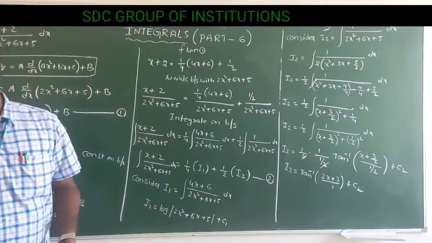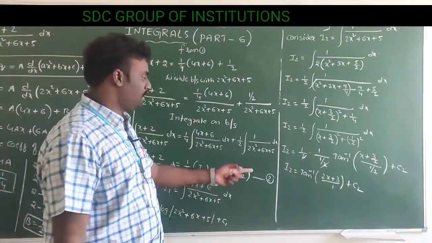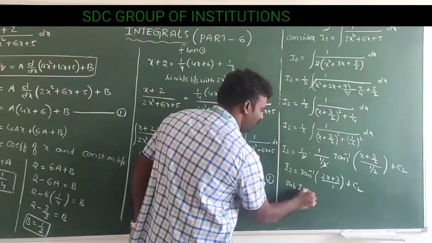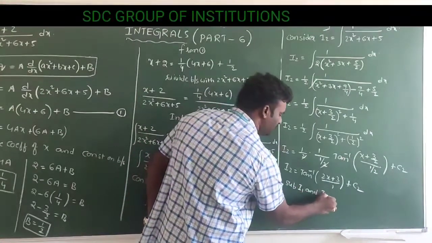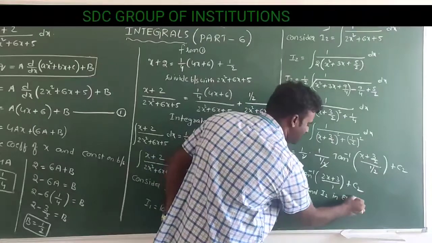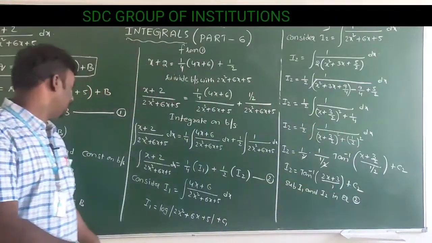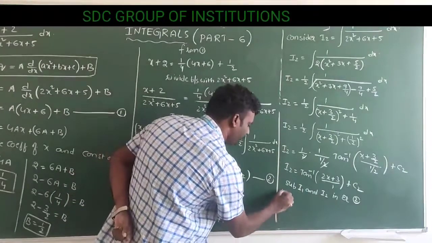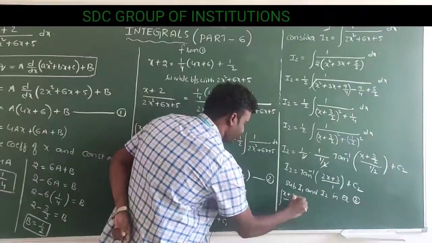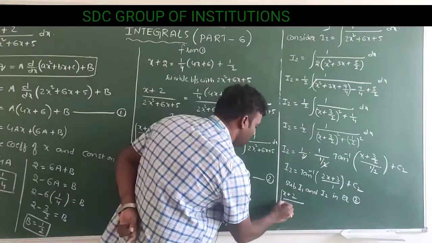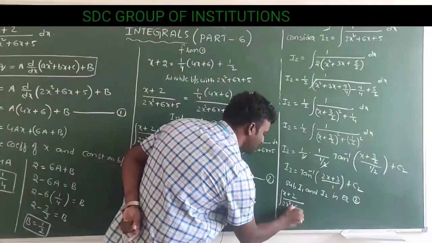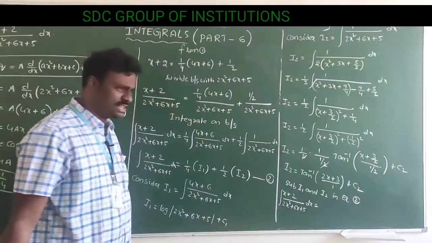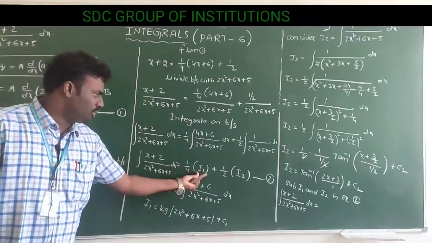So finally we got I1 and I2. Substitute I1 and I2 in equation 2. In equation 2, the left side is integral (x plus 2) by (2x square plus 6x plus 5) dx, which is equal to the right side, 1 by 4 into I1.